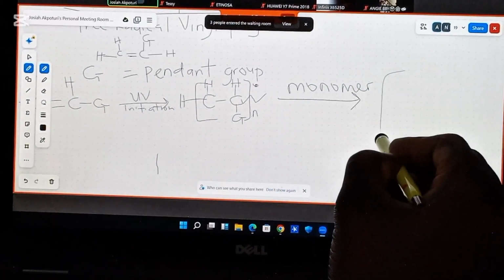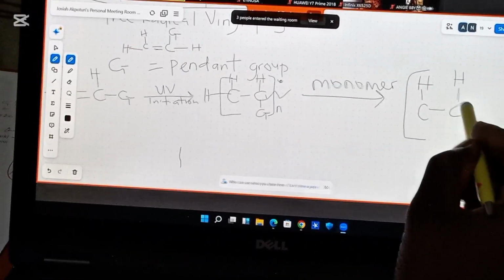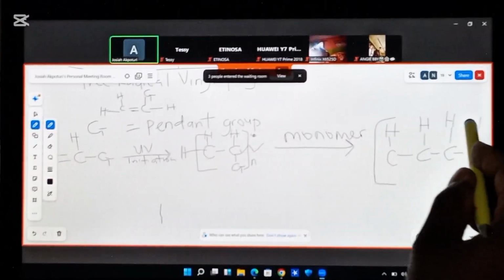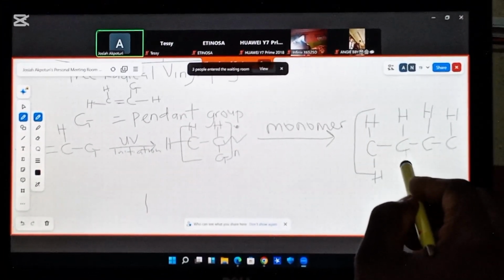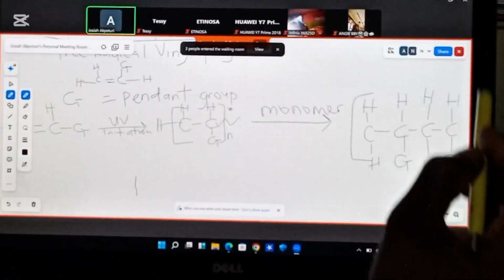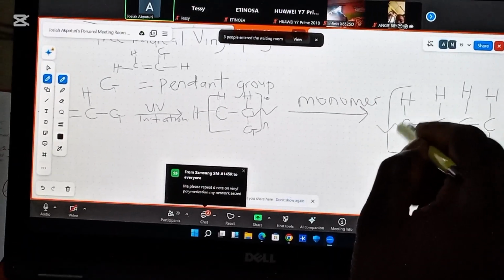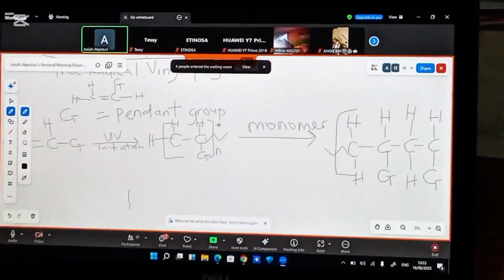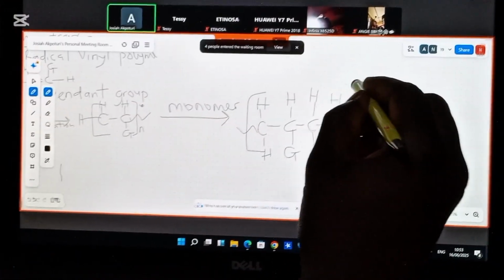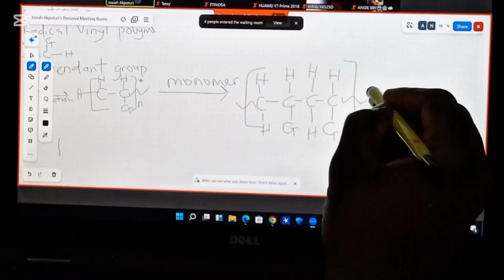It will now be like this, in this form. Then if you add more monomers to it, hope we know what a monomer is.